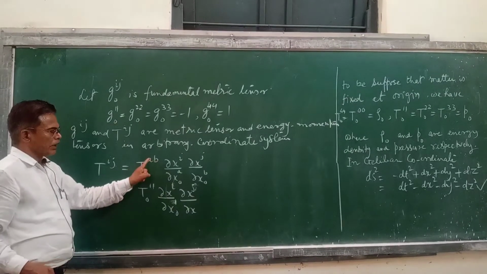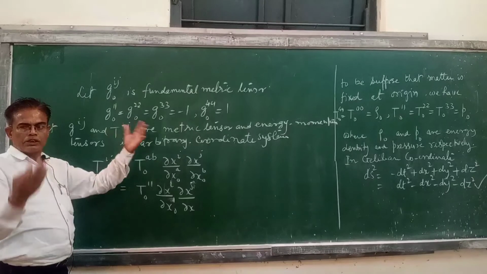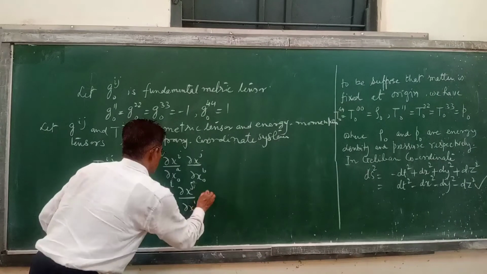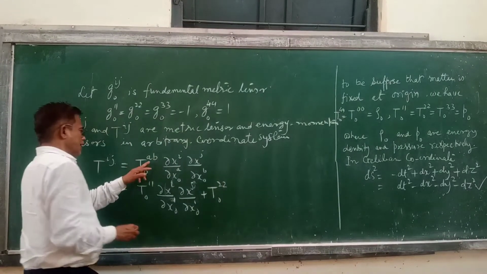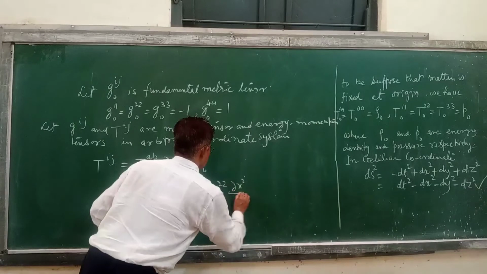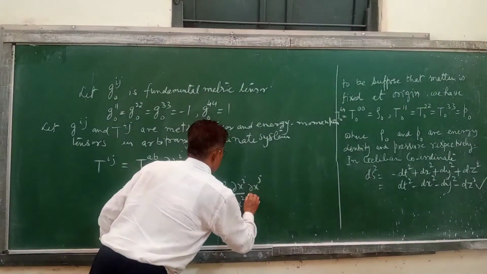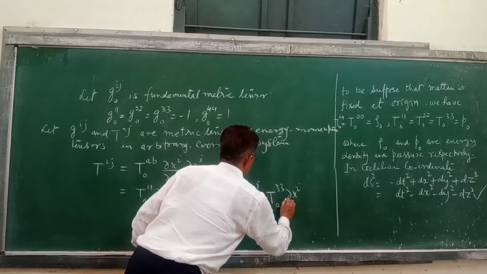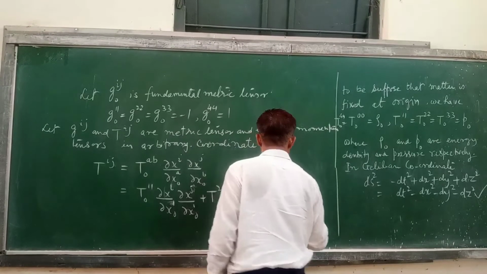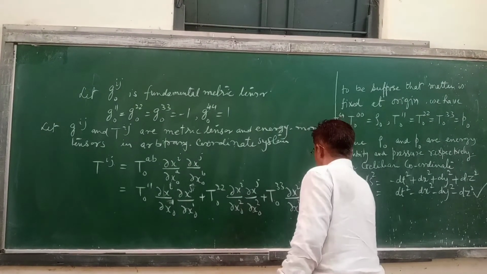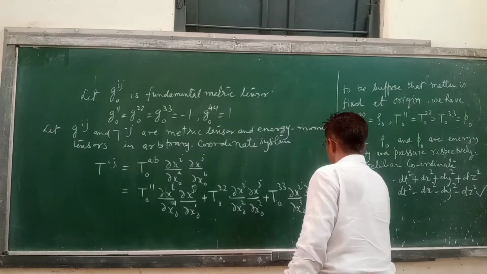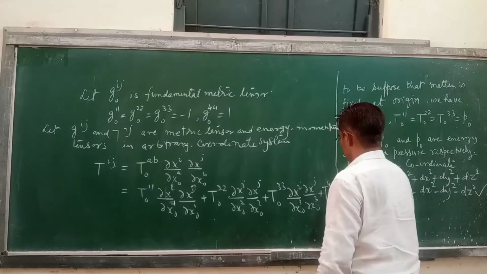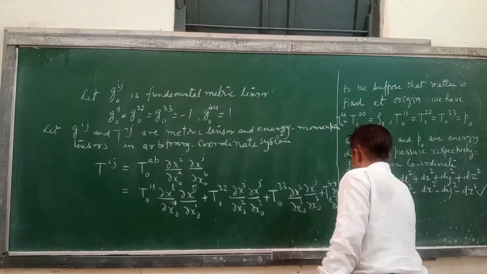Since only T^11, T^22, T^33, T^44 are not equal to 0 and the others are 0, we take only 1,1; 2,2; 3,3; 4,4. So T^ij is equal to T^11 0 del x^i upon del x^1 del x^j upon del x^1 plus T^22 0 del x^i upon del x^2 del x^j upon del x^2 plus T^33 0 del x^i upon del x^3 del x^j upon del x^3 plus T^44 0 del x^i upon del x^4 del x^j upon del x^4.